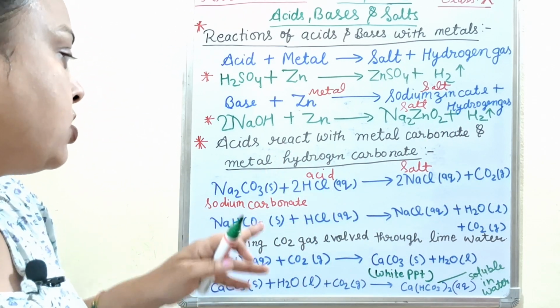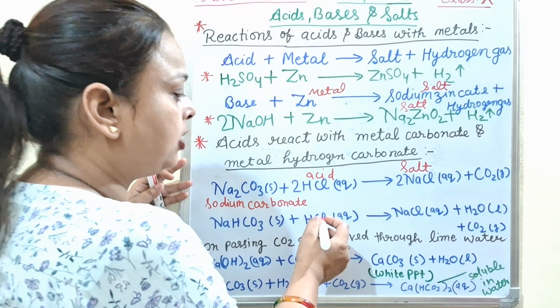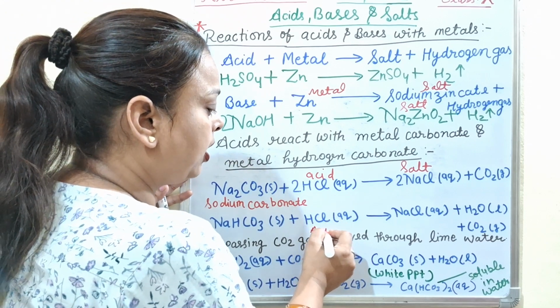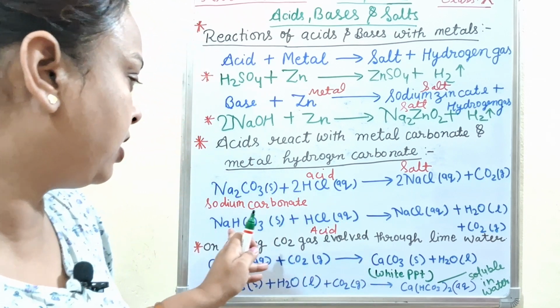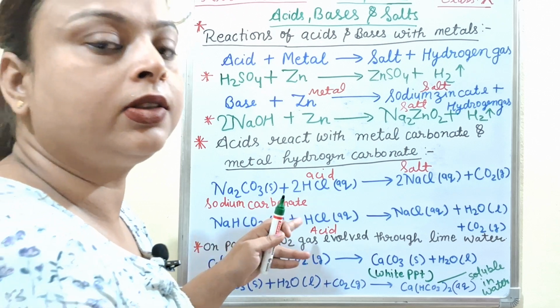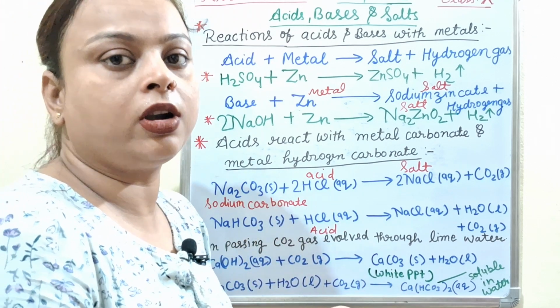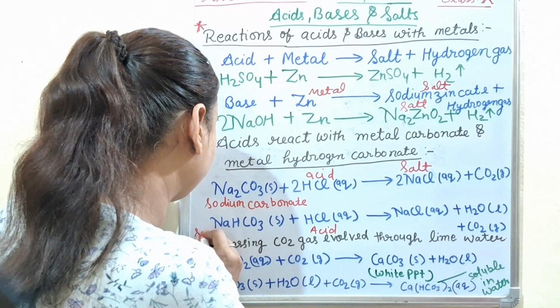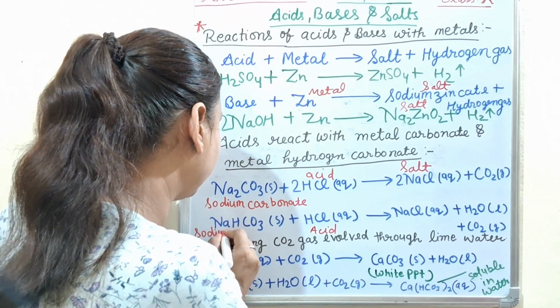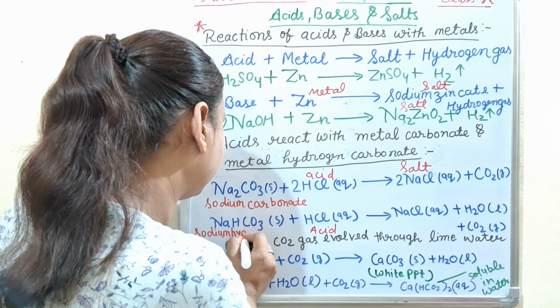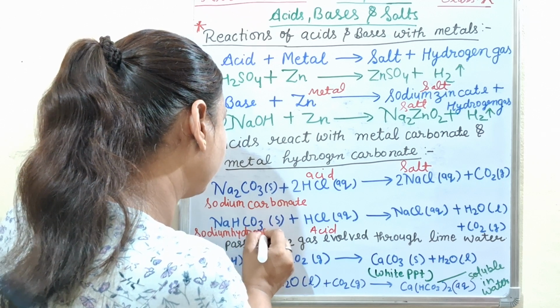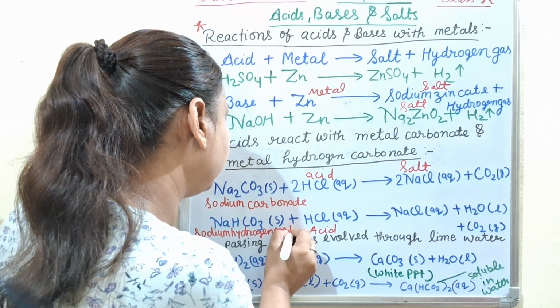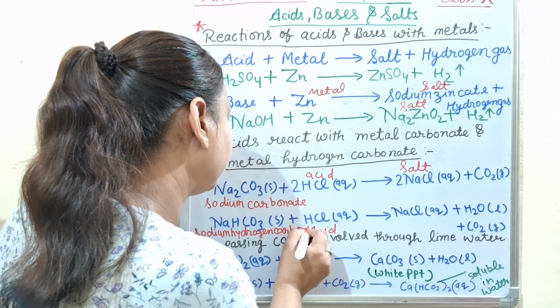Now come to the next reaction where HCl, this is also an acid, again reacts with NaHCO3. What is NaHCO3? This is a metal hydrogen carbonate. This is sodium hydrogen carbonate.